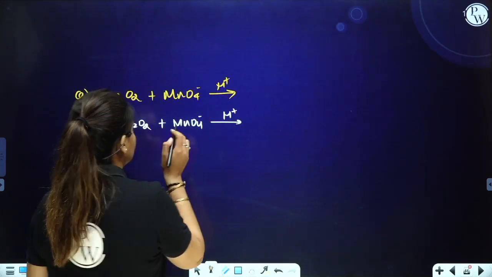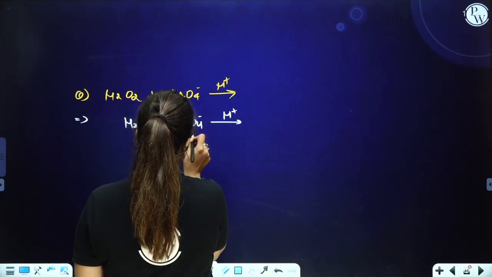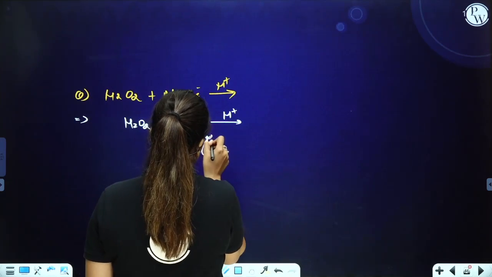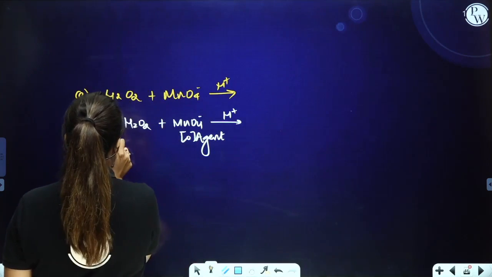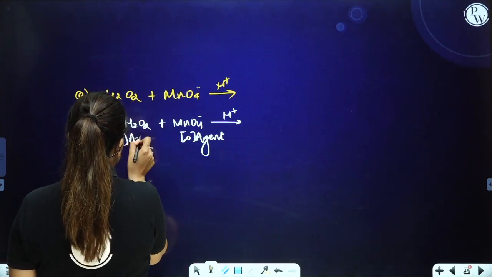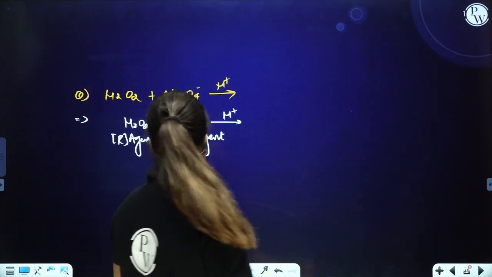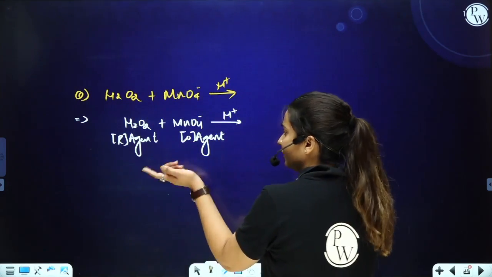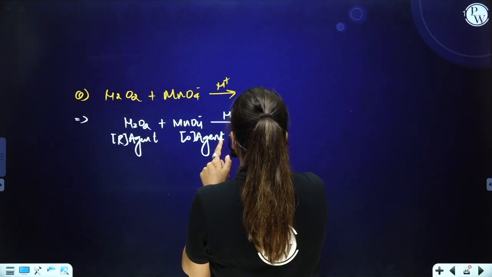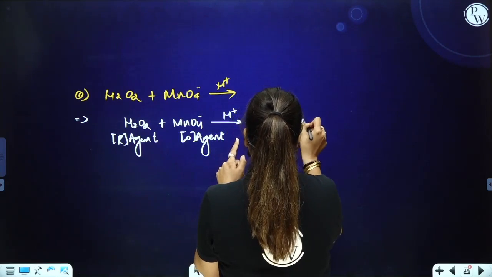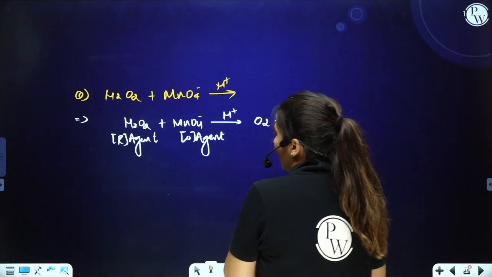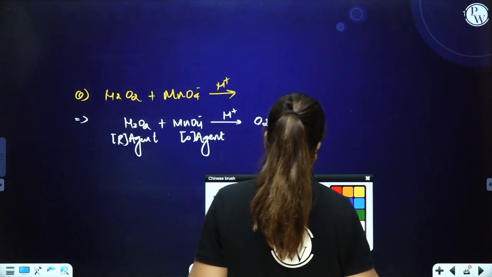So H2O2 has to behave as the reducing agent, because MnO4 negative cannot behave as a reducing agent. So MnO4 negative will oxidize H2O2 into O2 and itself will be converted into Mn plus 2. First of all, knowing the products is very, very important.